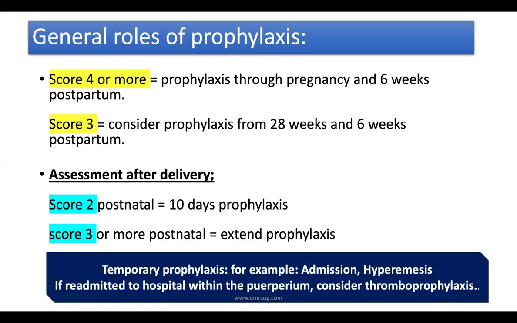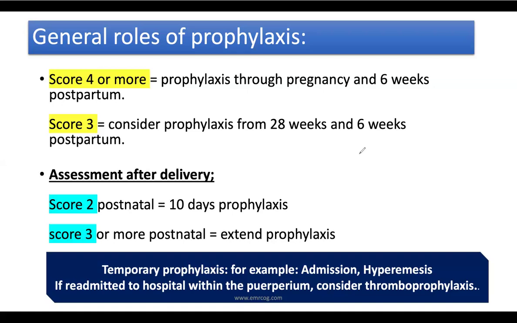There are also situations where prophylaxis is offered for a temporary period. Like what? Like a woman who is admitted to hospital during the pregnancy, or readmitted after delivery, for example with postpartum sepsis.